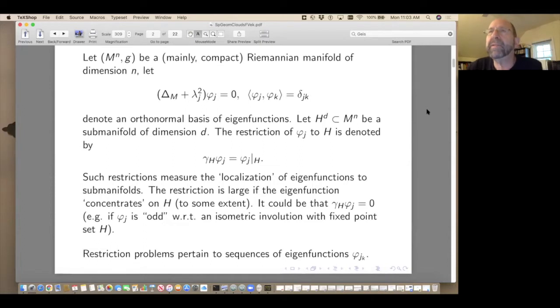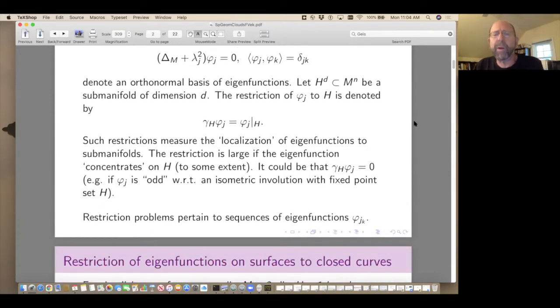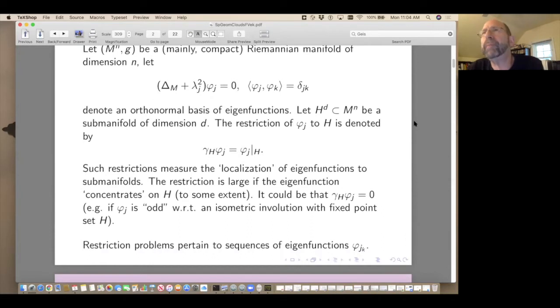So lots of different things could happen. And we're going to be looking at all possible submanifolds in all possible Riemannian manifolds. So when we study restriction problems, we are really concerned with sequences of eigenfunctions, not so much individual eigenfunctions.